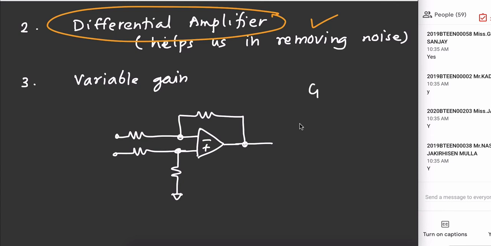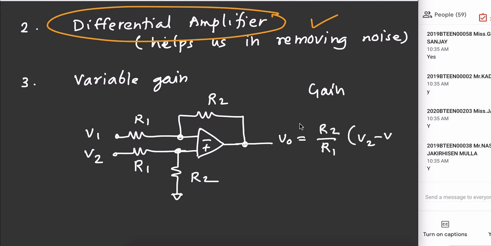So the gain, suppose this is R2, this is R2, this is R1 and this is R1, this is V1, this is V2. So the output voltage VO is equal to R2 by R1 into V2 minus V1. So we have gain adjustable as per our wish, and we also have a difference.